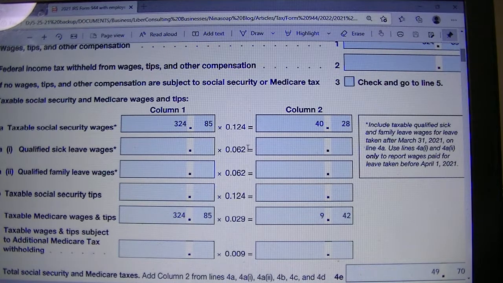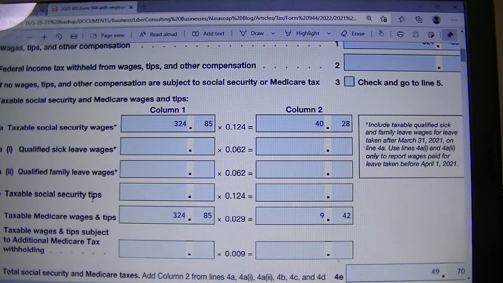So that's why they have it separately, and they have the percentage here. It's just one person paying the Social Security. The business is not paying, the employee is paying it. For family leave, it is the same thing. The business owner is not paying Social Security tax on it, but you are going to withhold Social Security tax.